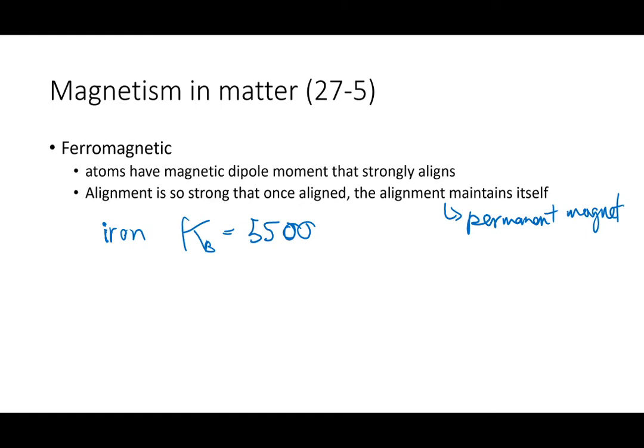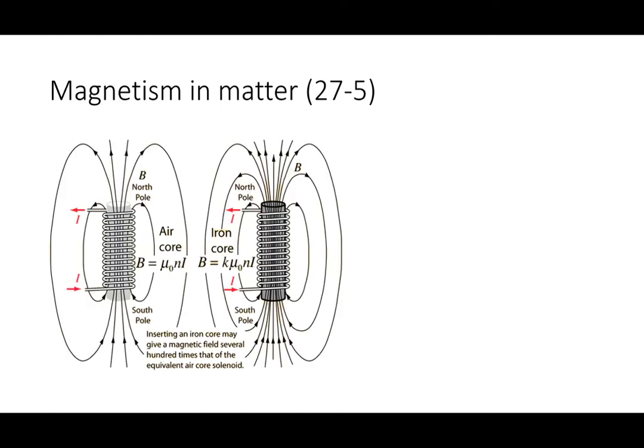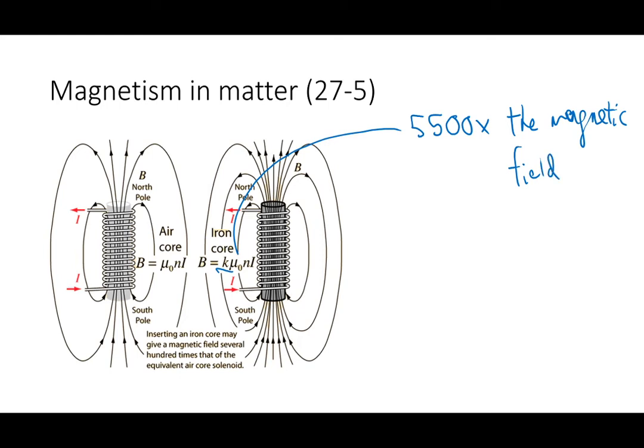Which also means that if you were to use a coil to generate magnetic field, you would normally do B is equal to mu naught Ni. Well, you now modify that with kappa. In this case, I use K, so B equals K mu naught Ni. So basically, if you insert an iron core inside your solenoid, you're getting 5,500 times the magnetic field for the same current.